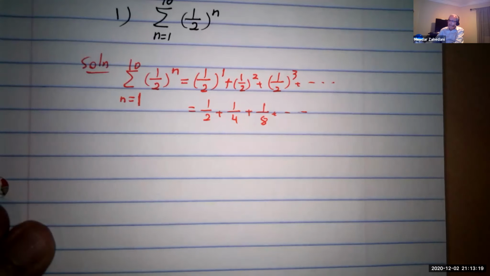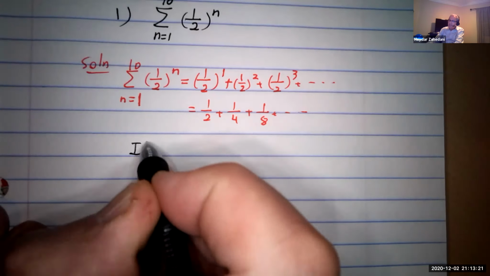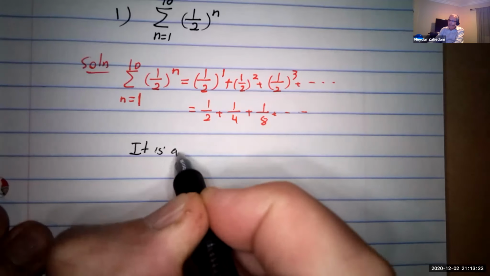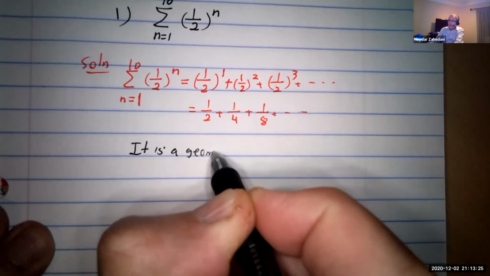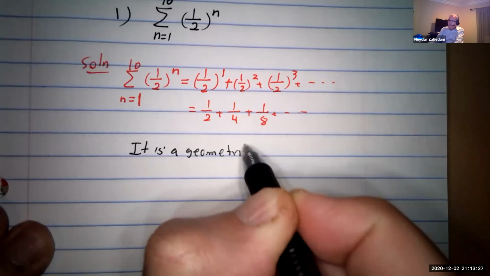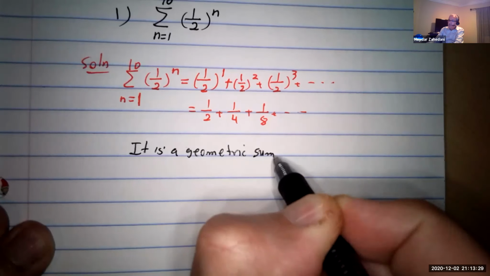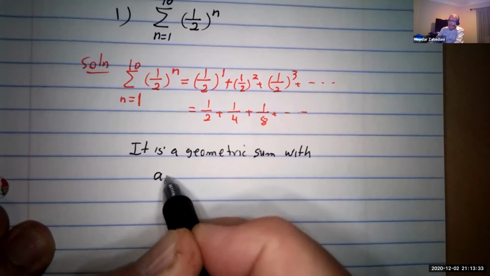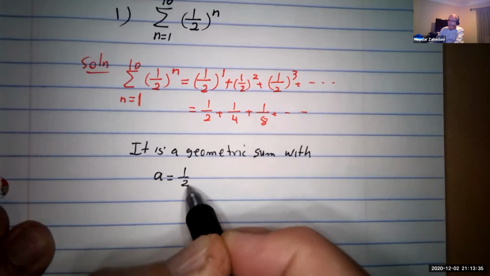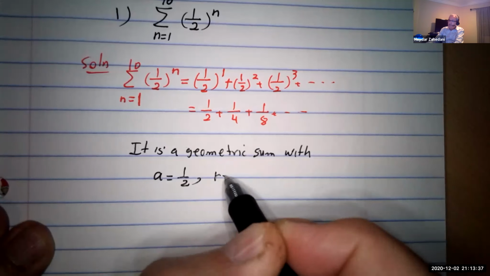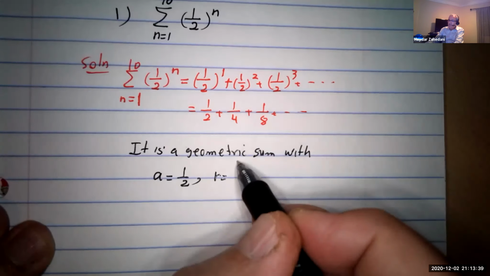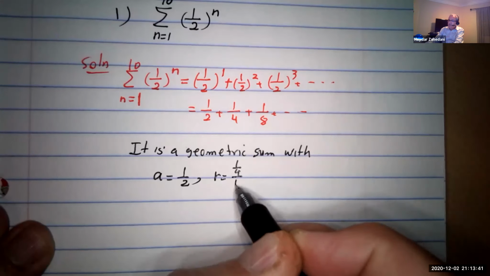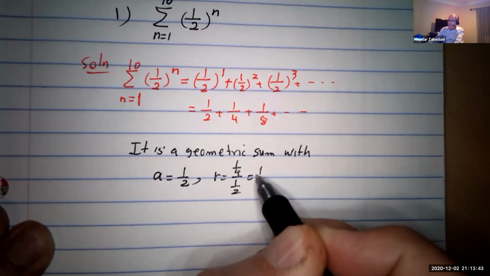So you note that it is a geometric sum with A, the first term, 1/2. Common ratio, 1/2. A quarter divided by the 1/2 would be 1/2. This is the way we find it.